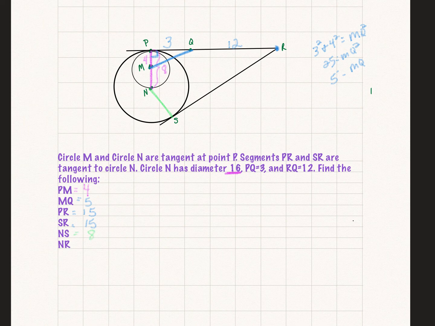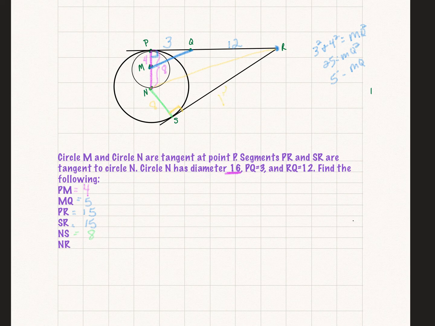The next thing that we're looking for is NR. That is that line right there. All right, I've got to remember, where's my right angle? My right angle is right here because it's where the tangent and the radius meet at the point of tangency. That's my right angle. I know that NS is 8.